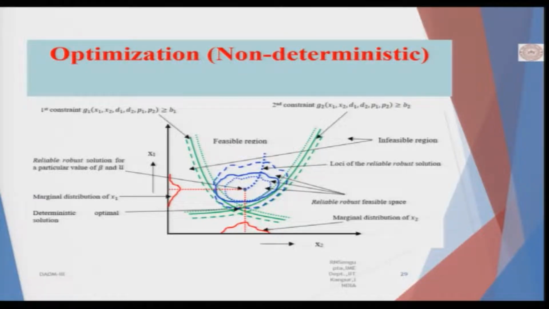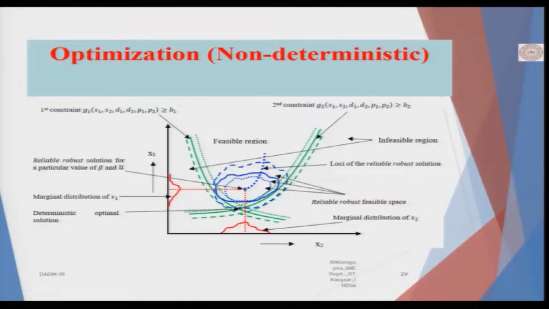The center of that circle or sphere would be the non-deterministic or probabilistic solution, and the overall area it covers will give you the probability or reliability of the result. So, depending on the area covered, if it is 90%, 92%, 95%, it will tell you how good or bad, how reliable, how robust your results are.